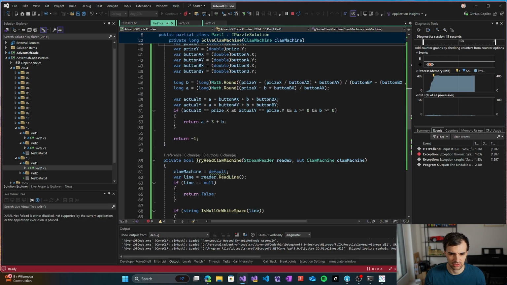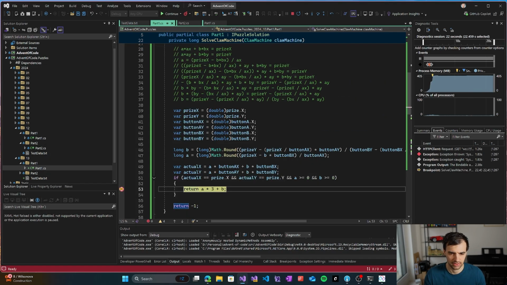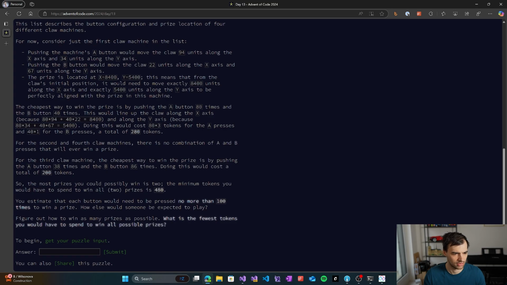So let's see what is the result for each of them. For the first one we have 40 presses and 80 presses. That's this one, right? 40 and 80. 80 and 40, that's correct.